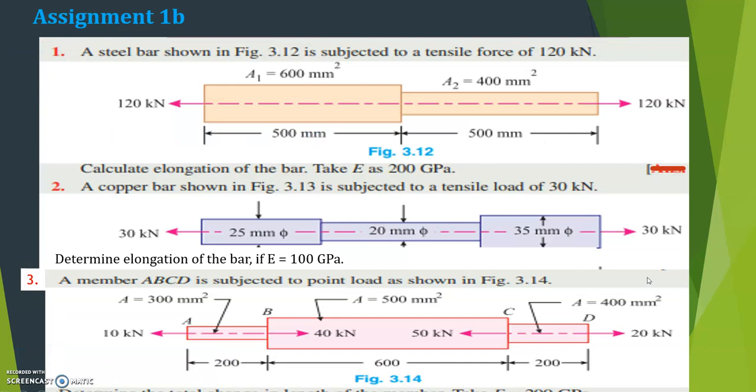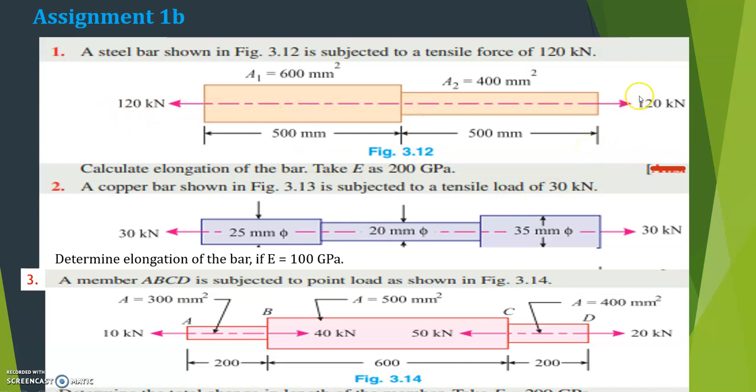Now in the previous class I gave that assignment, assignment 1A, that is finding the deformation using principle of superposition for the uniform cross section, right? Today you have to solve some more problems, both finding the deformation without using the principle of superposition and with using the principle of superposition.